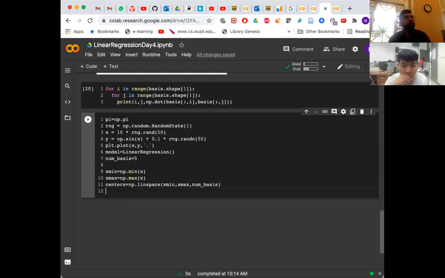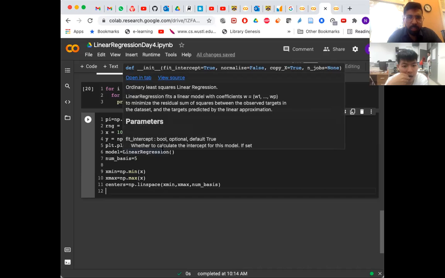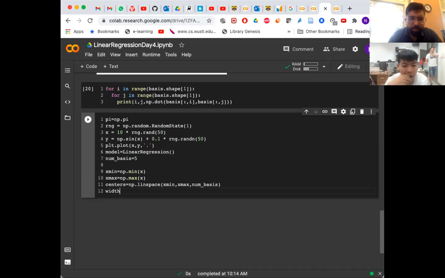One other thing that we want to do is we don't want to have the sigma as a constant number. We want the sigmas to be related to the centers that we have. So basically, if the distance between my centers is 1, then maybe I would want my sigma to be 2, something like that. So it's better to directly relate sigma to the distance between two consecutive centers. Let's call it width factor.